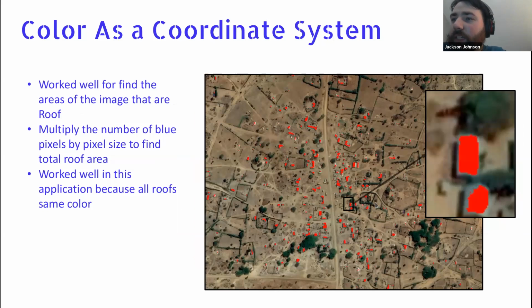It didn't do a fantastic job, but it did a pretty good job. As you can see in the inset on the right, here are all the pixels that met my criteria. Therefore, if I sum all the areas of all these pixels up, I get the total area of roofs in our entire village, which is really nice for specifying a water catchment system.